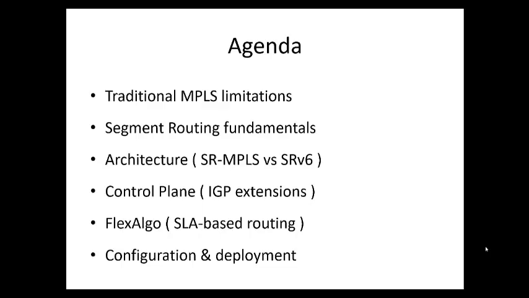Flex algorithm. vSmart, we simply call it OMP, but basically it is a modified version of BGP and its attributes. Nowhere is it said, that's my assumption, my observation. A modified version of BGP is what we have in OMP, Cisco's overlay management protocol in SD-WAN.